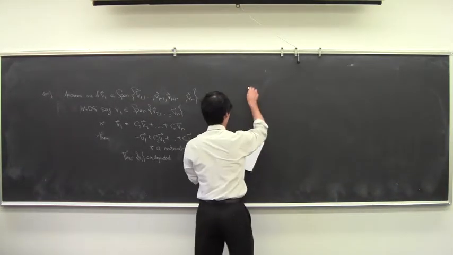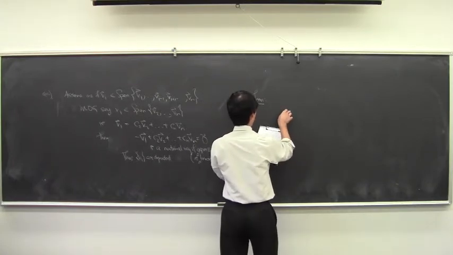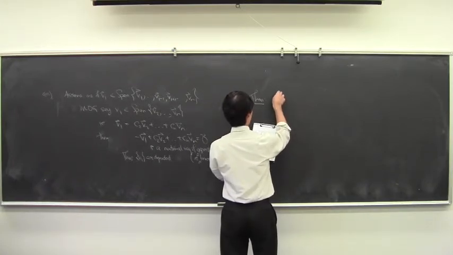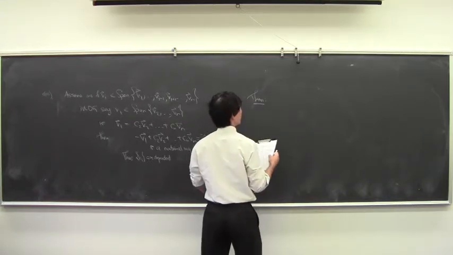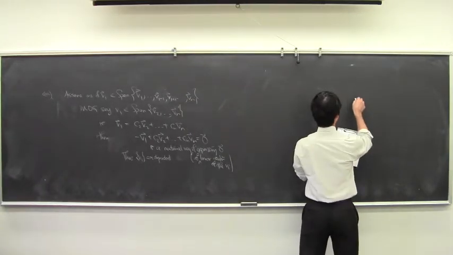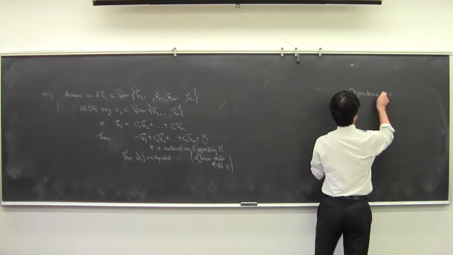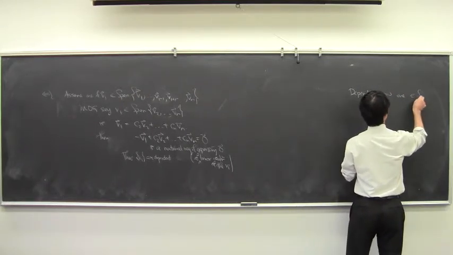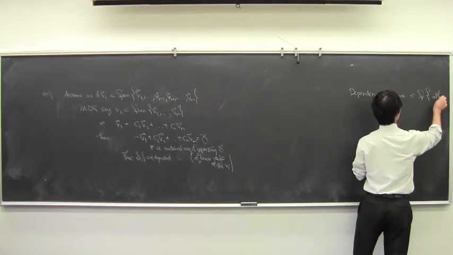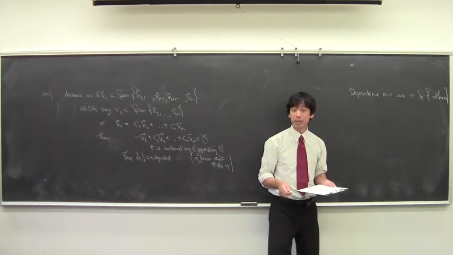So let me just put up a theorem that we'll prove next time. First let me make an observation about the observation. The observation was that dependence meant that one was in the span of the others. At least one will be in the span of the others.